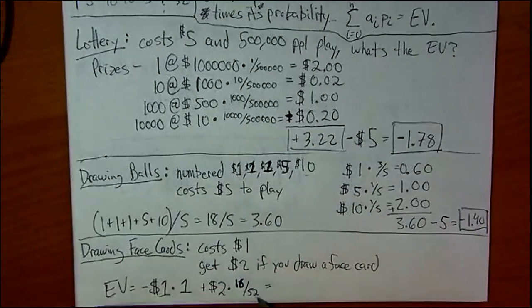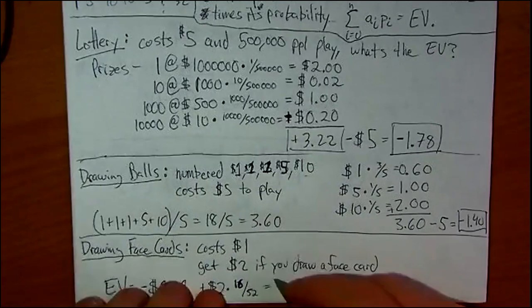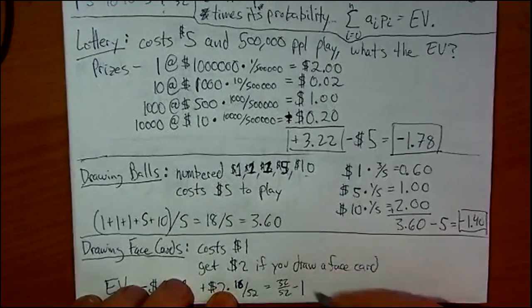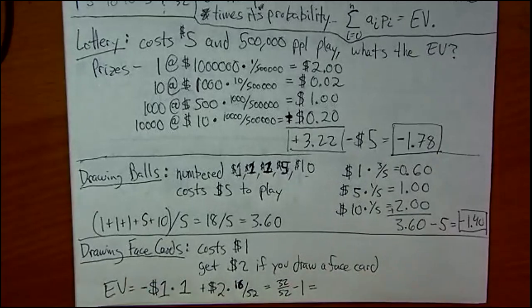So I guess that's 32 over 52 minus 1, right? So what's that expected value going to be? Yeah, negative 18 over 52.